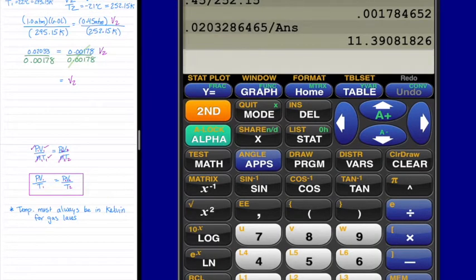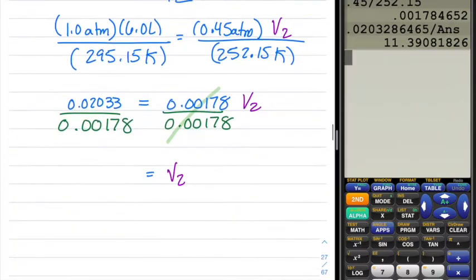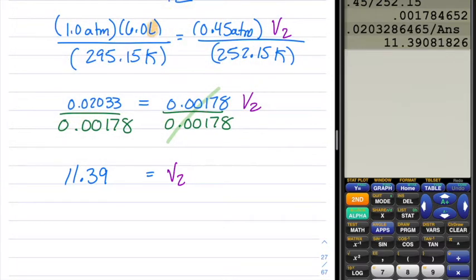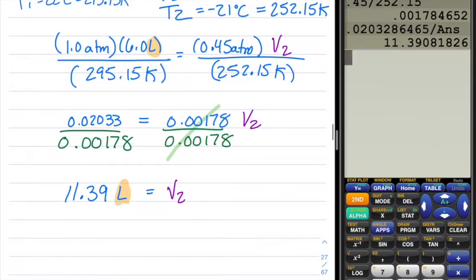All right, and it looks like I'm getting, for now, 11.39, and we'll talk about sig figs in a minute. And our volume units are always going to match, so we had liters right over here, so this will also be in liters. We haven't talked about sig figs yet, but I know there was some difference in answers on this one. Any questions on how we got that 11.39 there?